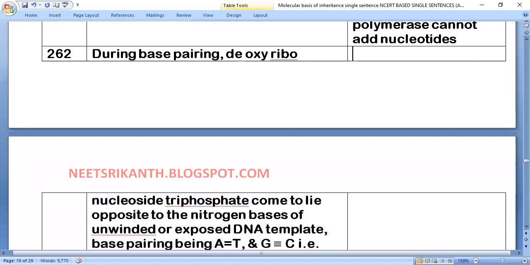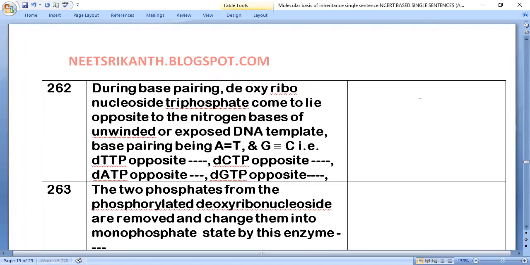During base pairing, deoxyribonucleotide triphosphates come to lie opposite to the nitrogen bases of the unwound or exposed DNA template.